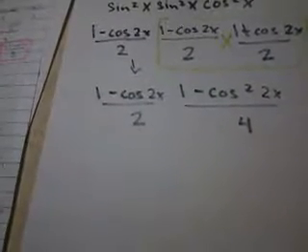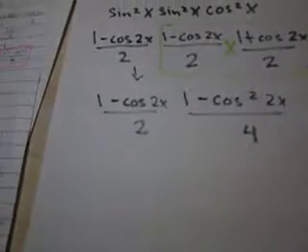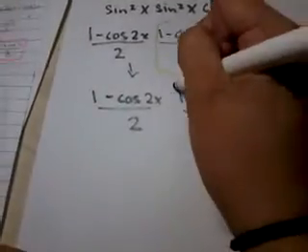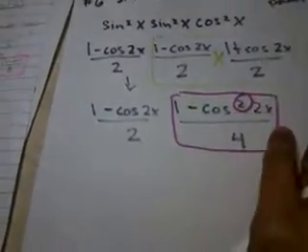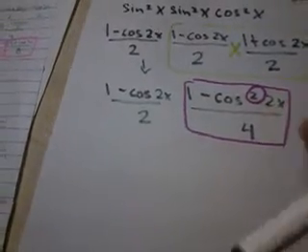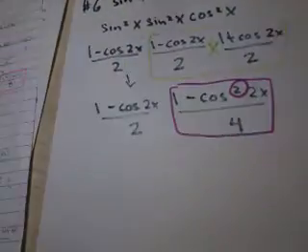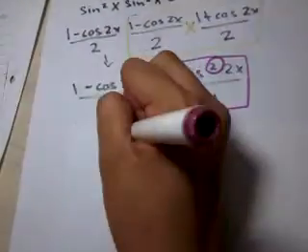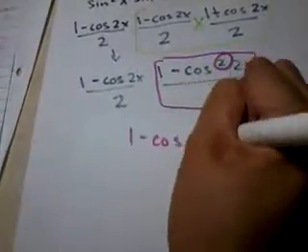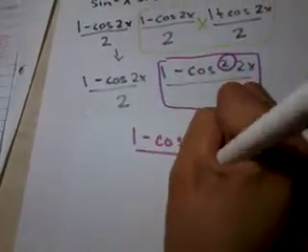Okay. Before we move on, we're going to try to simplify this one first, since we see that we have a squared. We'll simplify it separately, and then substitute whatever we get into this. The problem is 1 minus cosine squared of 2x all over 4.